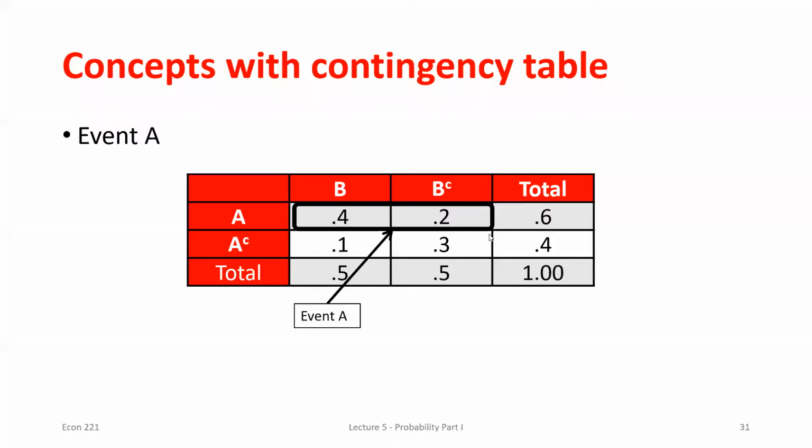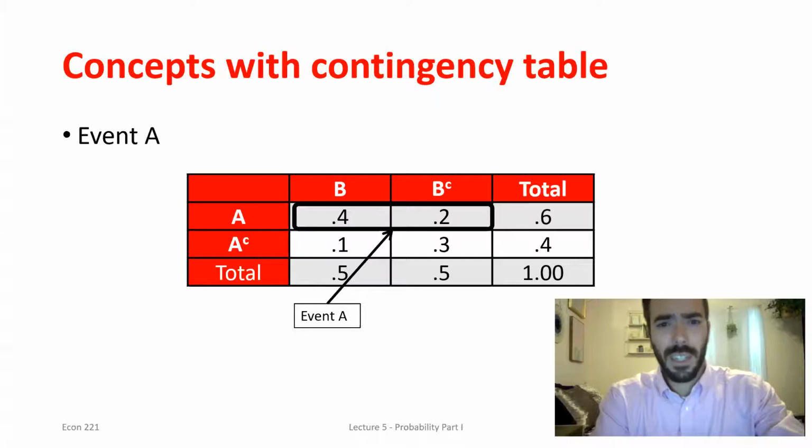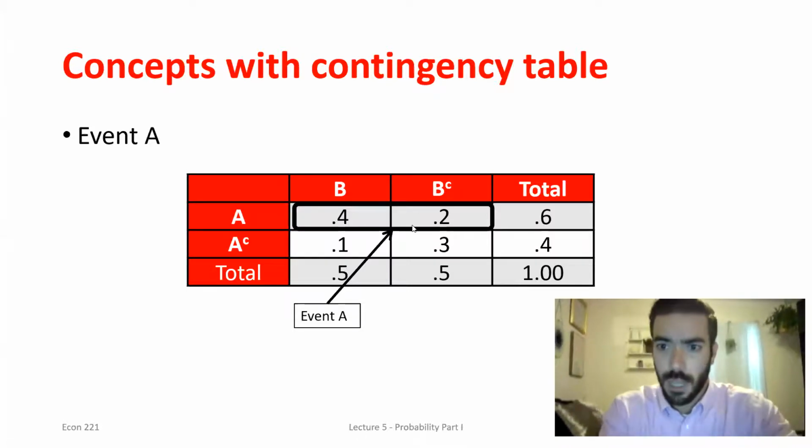So now if we take a look at that contingency table, we'll notice, give me 1 second here, got markers everywhere. So if I look at the intersection, remember these top 4 left cells represent intersections.